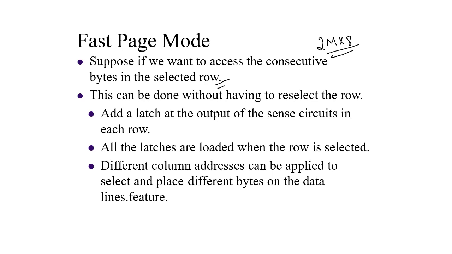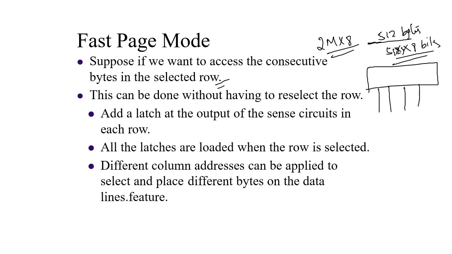In one row we will have 512 bytes, or 512 into 8 bits in the column. So if you want to access continuous data, you will have the data in column 0 to 511 column address, and in each column you will have 8 bits of data.